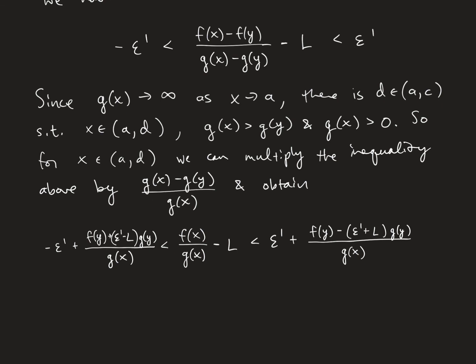You multiply through by this quantity and do a bunch of simplification. It's boring, I don't want to bore you with it. You can just do it yourself. It's just some algebra. So you get f of x over g of x minus L.